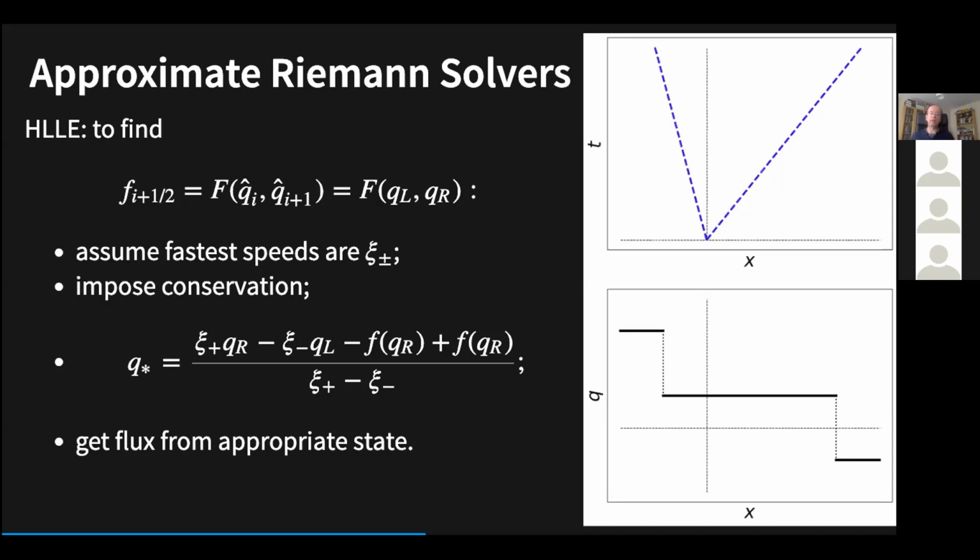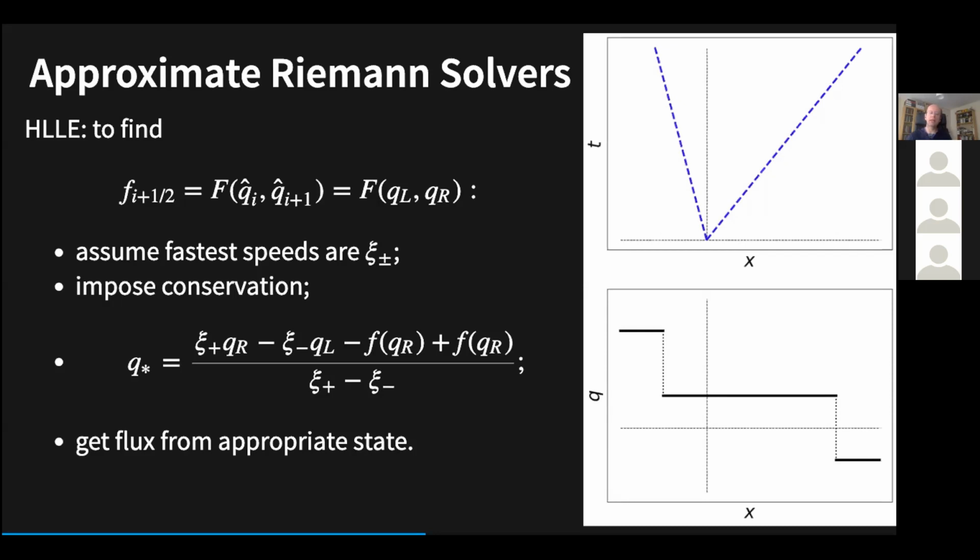Particularly for relativistic problems, you can use the speed of light for the minimum and maximum characteristic speeds, although that is a bit less accurate than a better approximation. HLLE is not specific to one model, so you can lift it and apply it to MHD or relativistic elasticity or more complicated systems with no change.